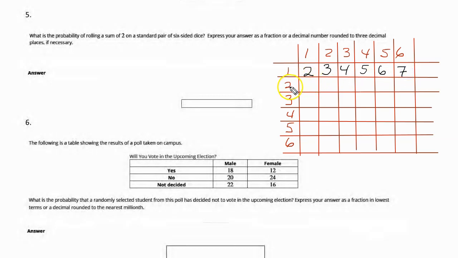And then 1 and 2 is 3, 2 and 3 is 4, 1 and 3 is 4, 3 and 2 is 5, and so on. And it follows a pattern, interestingly.